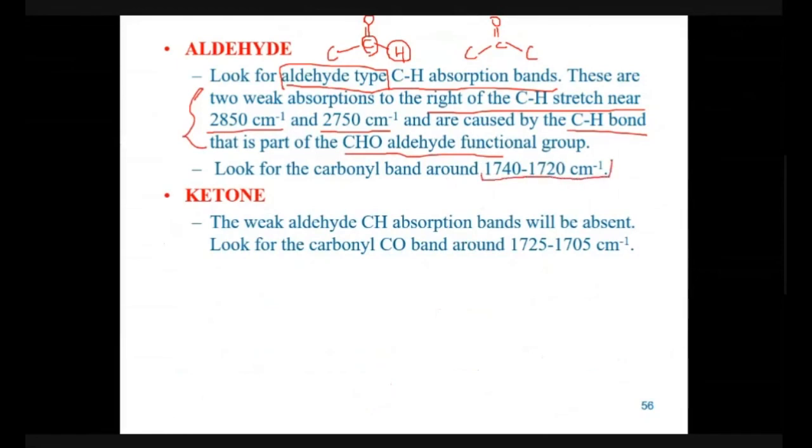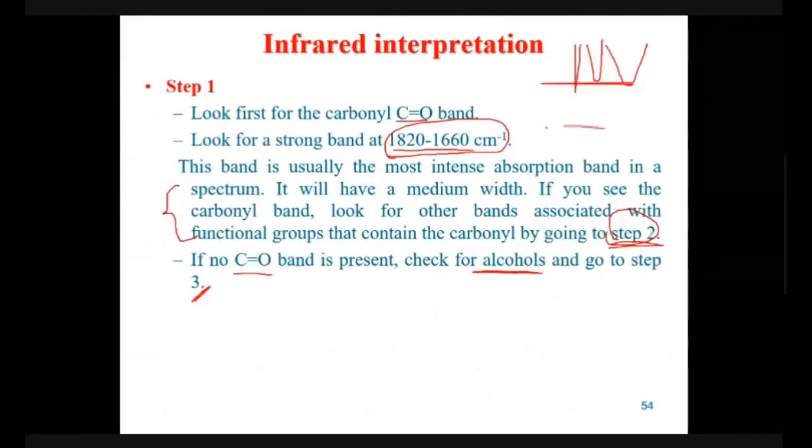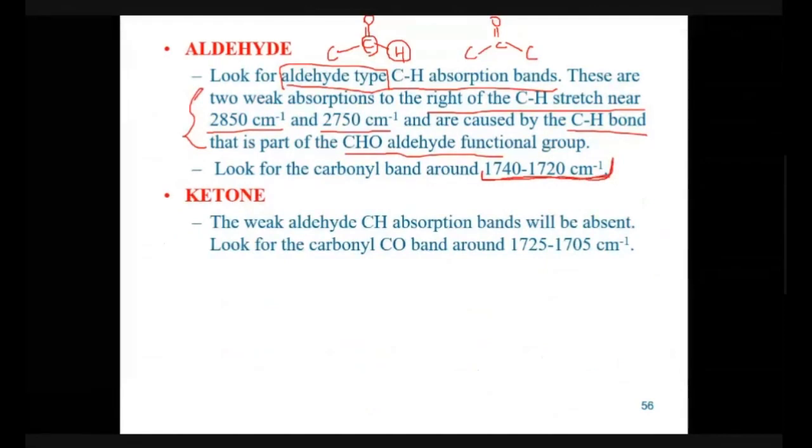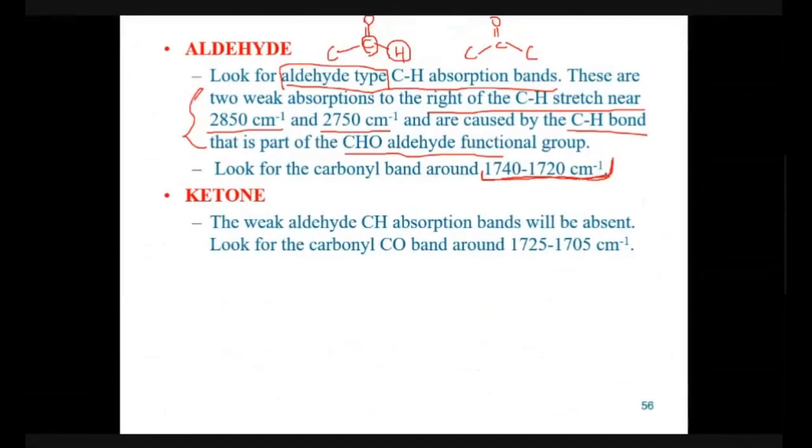Again I will repeat. In step 1, this is a huge range, 1820 to 1660. Out of that range, you need to look at this small range if you think an aldehydic carbonyl group is present. So first you will observe for aldehydic CH. If aldehydic CH is present, then go for this.